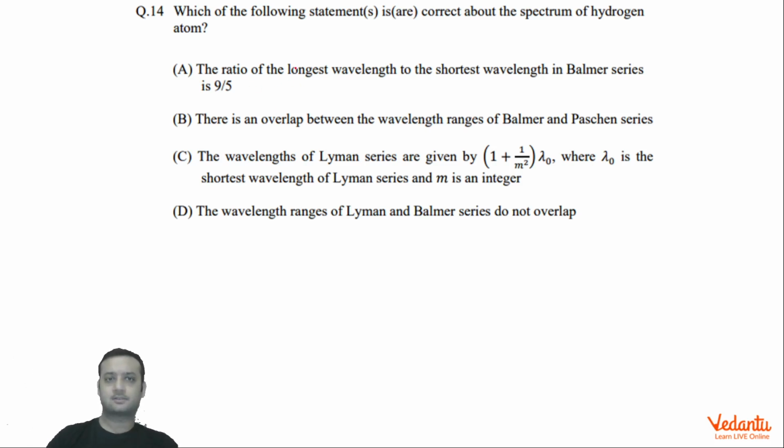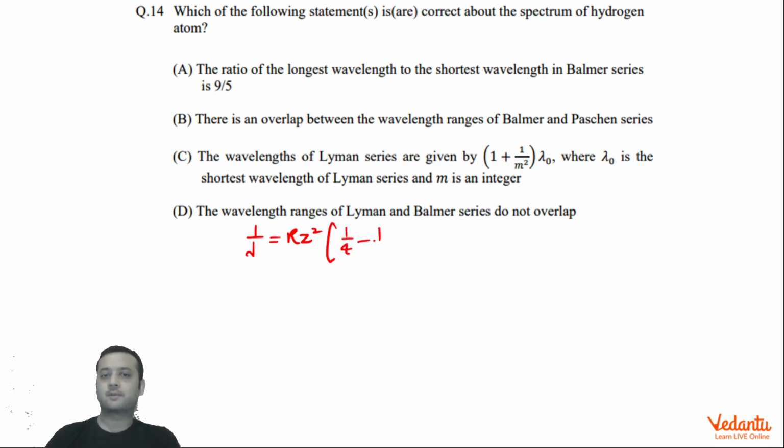So basically in the hydrogen spectrum, the ratio of the longest wavelength to the shortest wavelength in the Balmer series. If you want to find the longest wavelength, we can say that 1 by lambda will be equal to Rydberg's constant into Z square. Z will be 1 for hydrogen. For Balmer, the longest wavelength will be the smallest energy. That means the transition happens from n equals 3 to n equals 2.